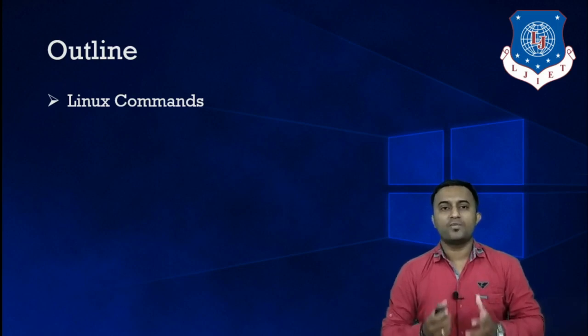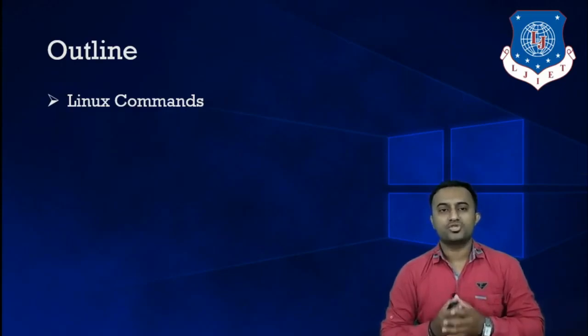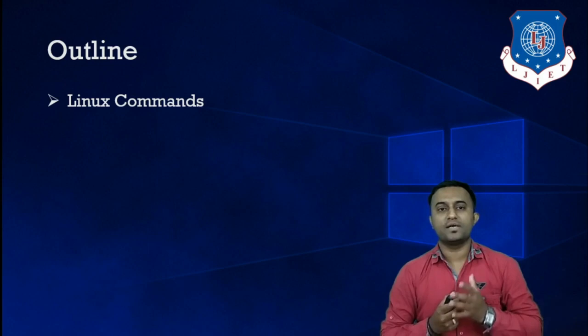Those who are not familiar with how to install Linux operating system on their machines, there are two options through which you can install it. The first option, with the help of dual operating system, in which one operating system you use as Windows and the second one as Linux.